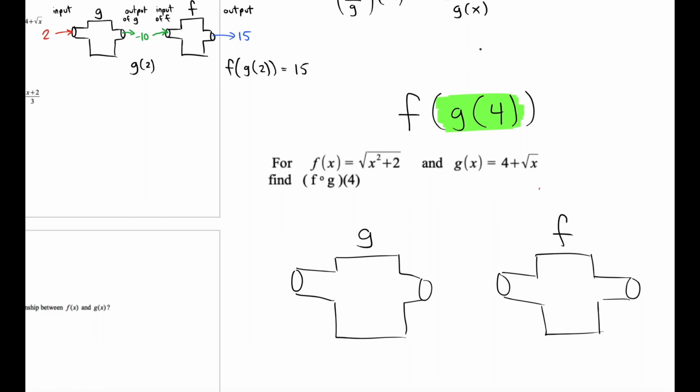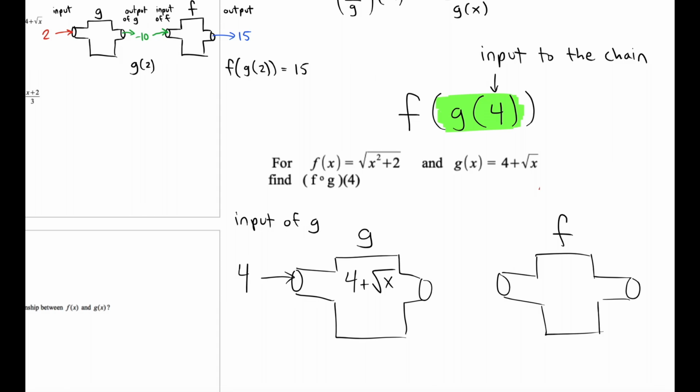Okay, so our input to this whole chain is 4. So you got to put a 4 here on the left. He is the input of G. Now, in order to calculate what comes out, we should use the rule for G. G's rule is 4 plus radical x. That's what he does to his inputs.